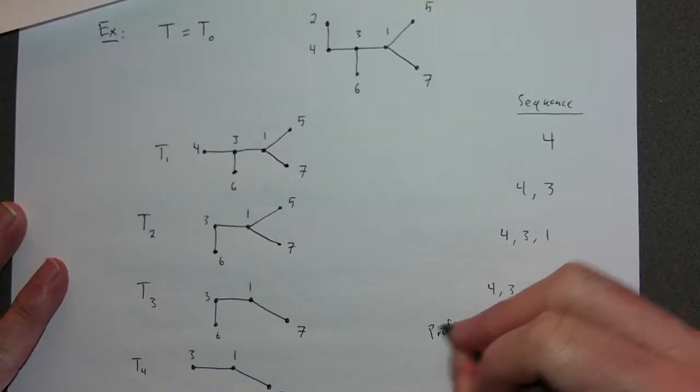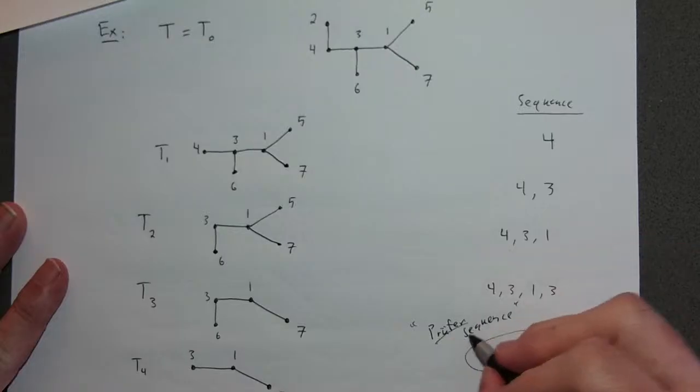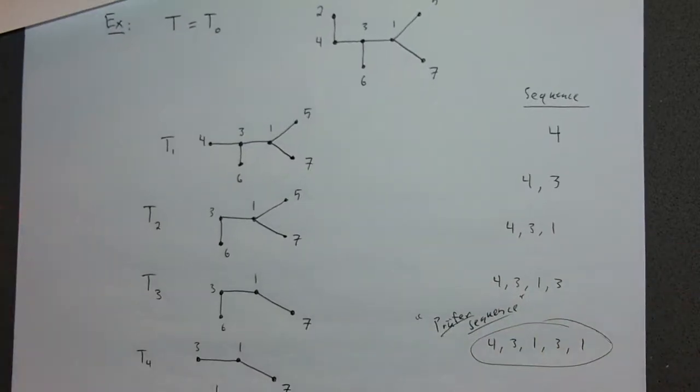So this is a Prüfer sequence for such a tree. But here's the thing. Even if we convince ourselves this is well-defined and not ambiguous, all this says is that for a labeled tree, we can assign it a sequence, and it seems like this sequence has the right count.